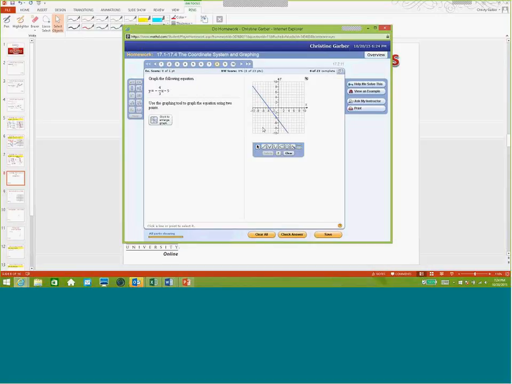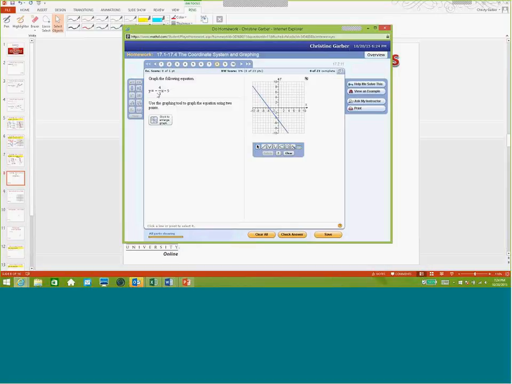You still have the option of saving it and moving on, or checking your answer. Or if you think, wait a minute, that line isn't right, you can clear it by hitting this clear button and it will disappear. Now notice our slope is -4/3, and this line travels downward from left to right in the coordinate plane.